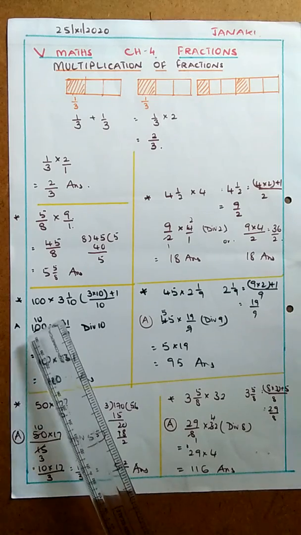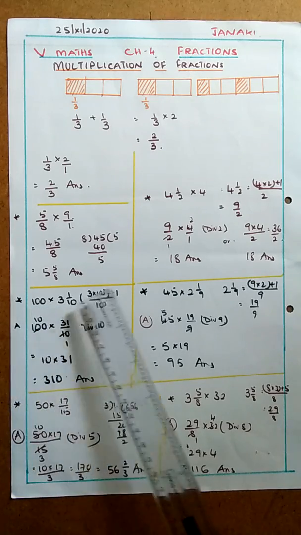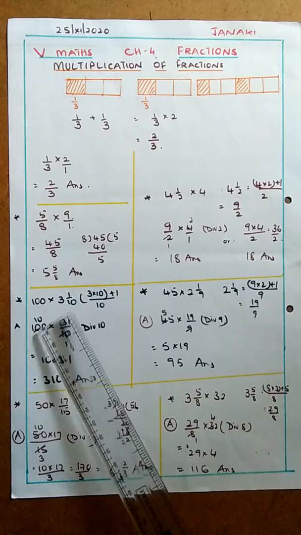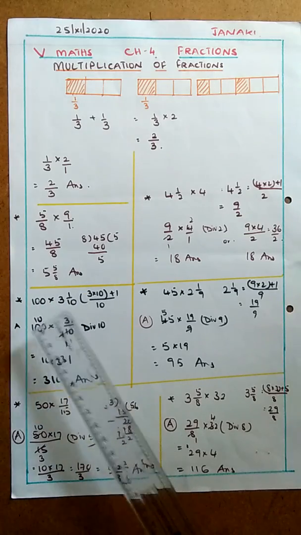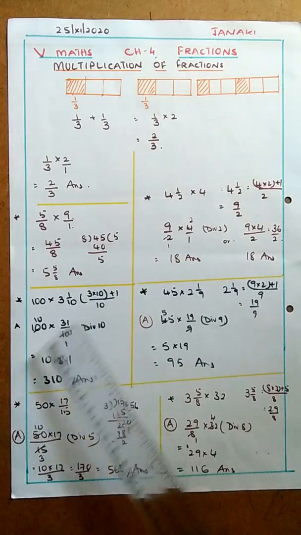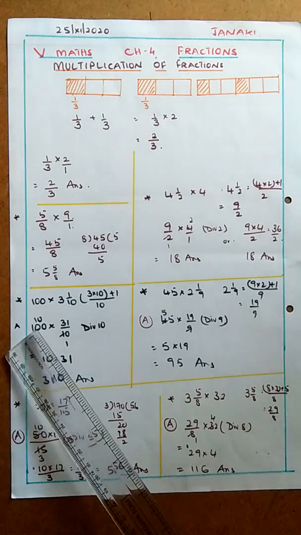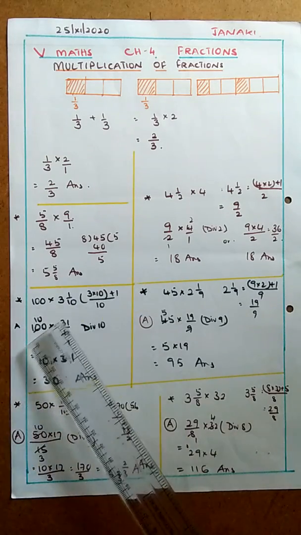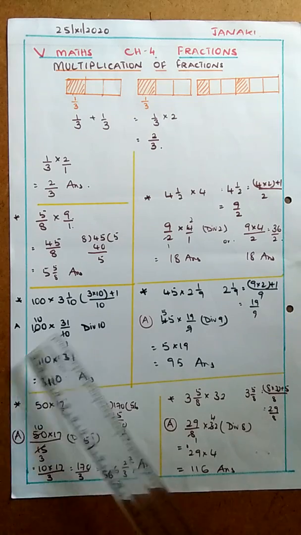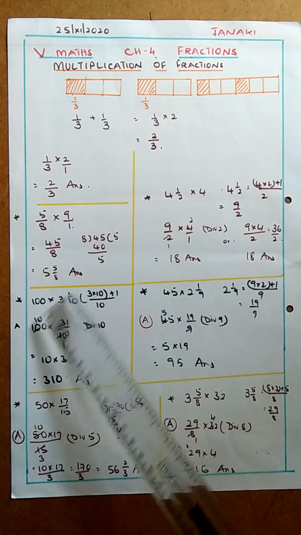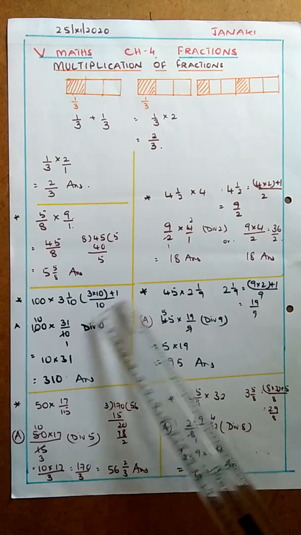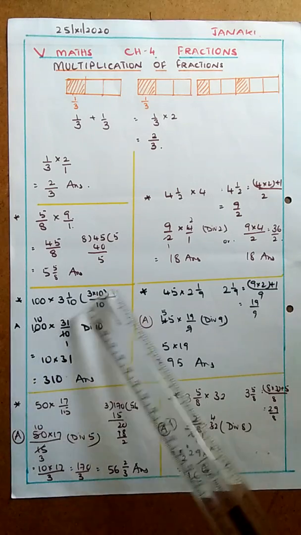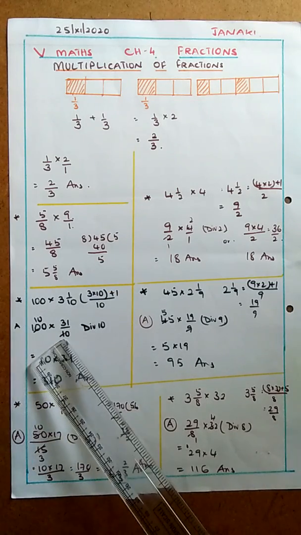Now let us take another one. 100 into 3 1 by 10. So now you can write 100 by 1, or if you already have seen, you needn't write it, you can keep it like that. Now convert 3 1 by 10 into a mixed number. 3 tens are 30 plus 1, 31 by 10.